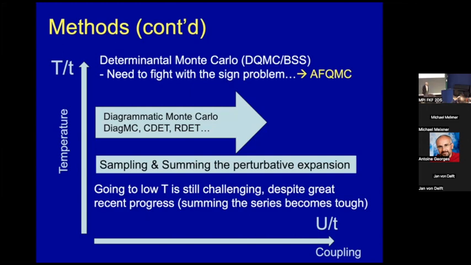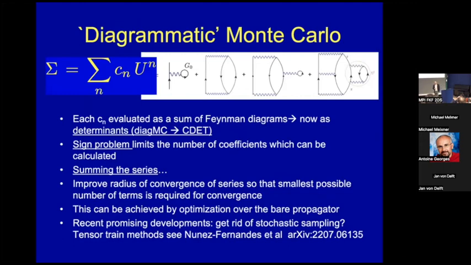Diagrammatic Monte Carlo is a method that starts from a rather surprising premise, which is to be able to access non-perturbative regimes by actually summing up the perturbative series. At finite temperature, the perturbative series is convergent. It has a finite radius of convergence.